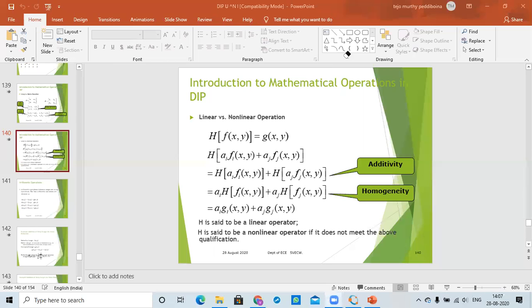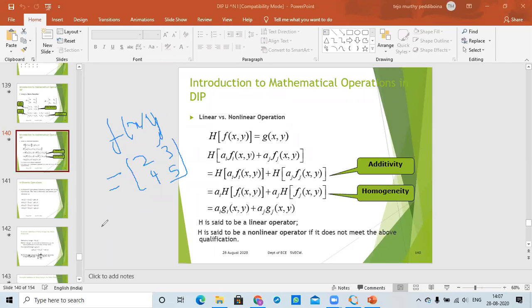Let us take a small example. Let my f of xy be 2, 3, 4, 5, for example, and my h function is defined such that the output is just 2 times this.